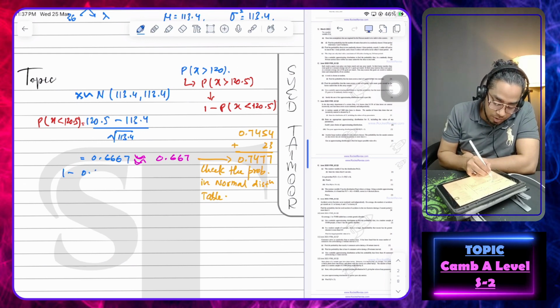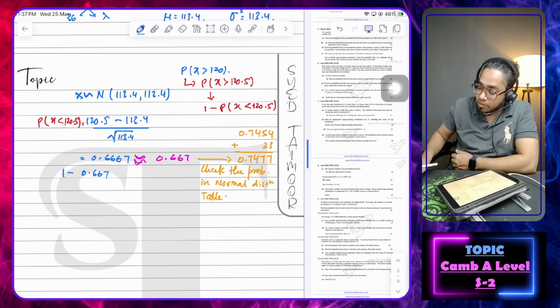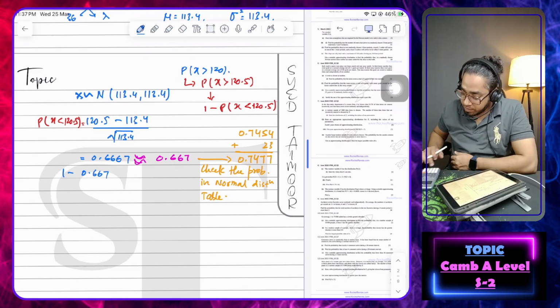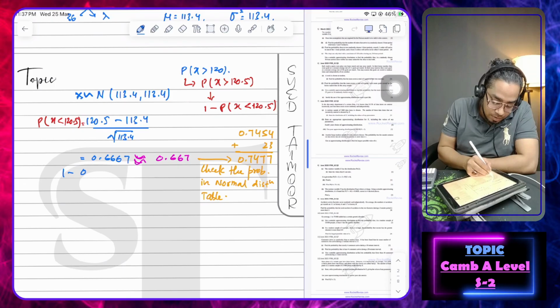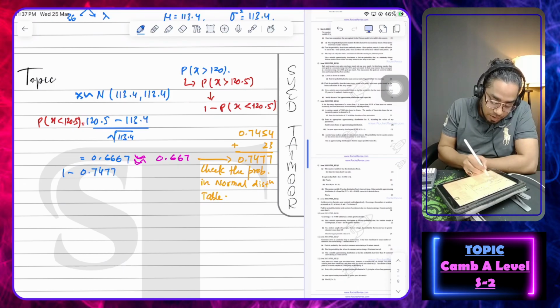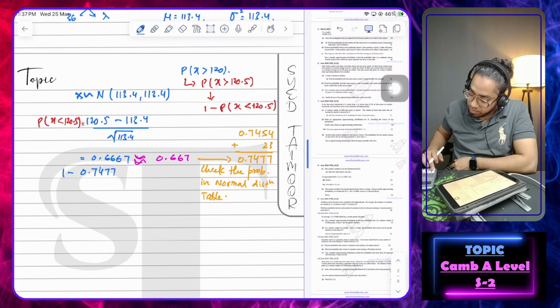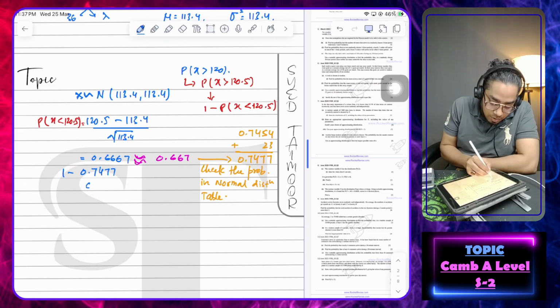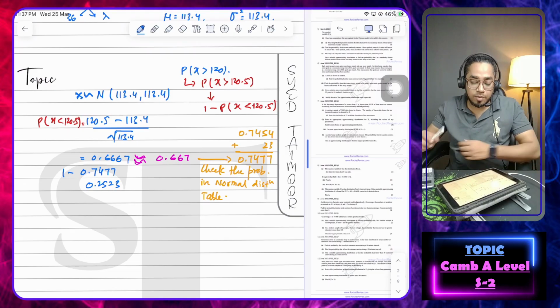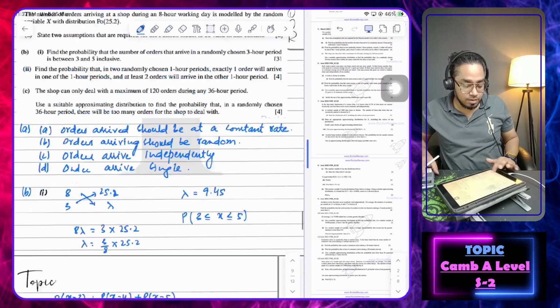So 0.667, if I go with it, sorry, 0.7477, it must be 0.2523. That will be the final part that we were solving.